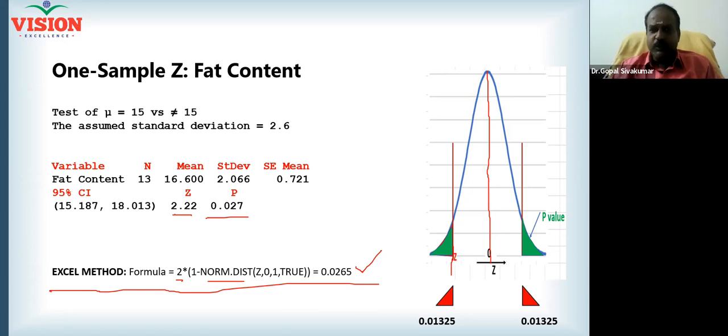Hypothesis testing is over now. Are you confident? All of you, please confirm. Yes, sir. Very, very clear. When you use Z-score, the test is called Z-test. When you use T-score, the test is called T-test. When you use F-score, the test is called F-test.